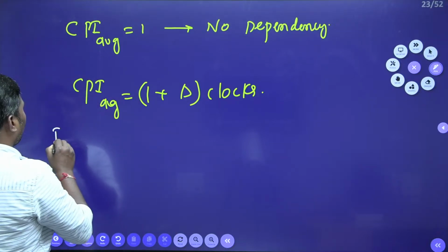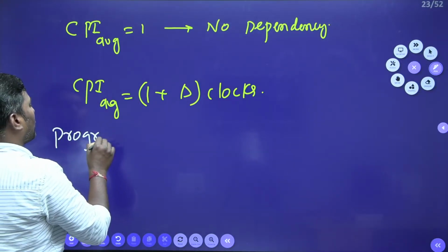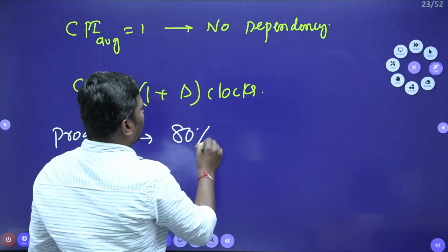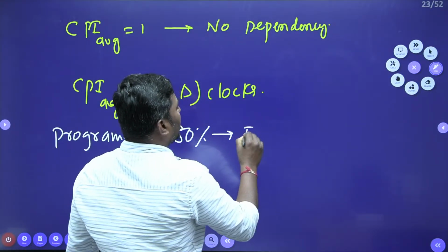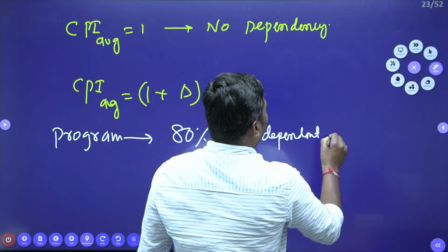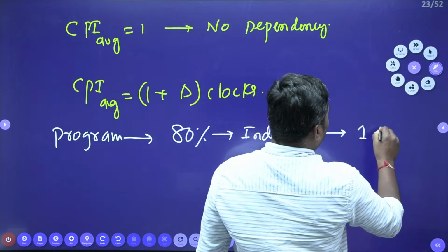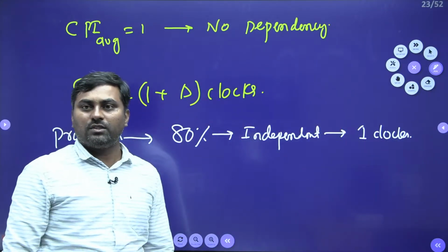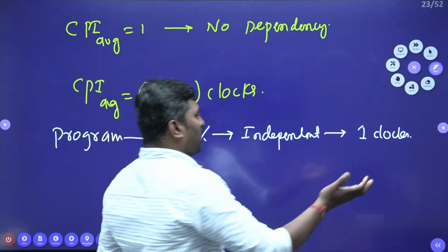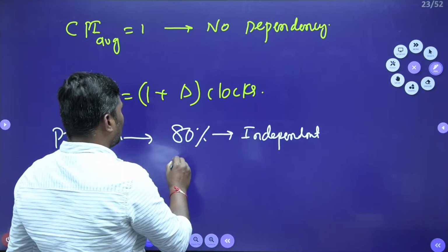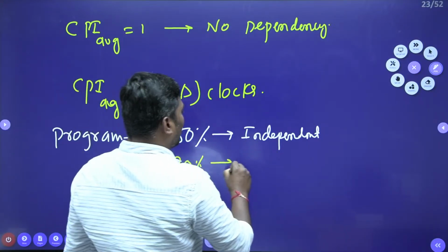Let's observe a program. Suppose 80% of instructions are independent, each taking 1 clock cycle, and 20% of instructions are dependent.